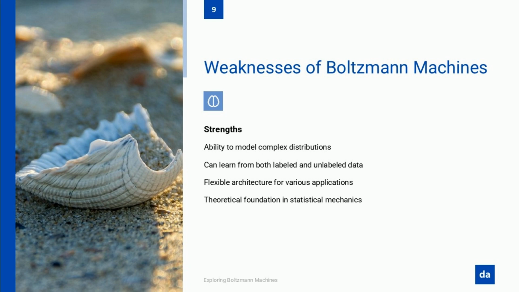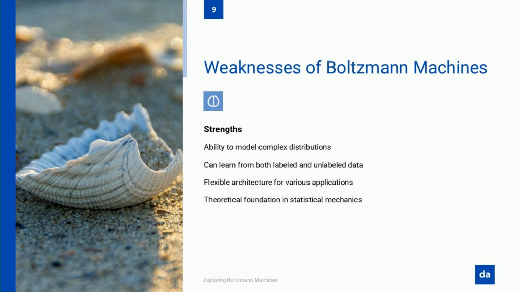To make matters worse, their reliance on stochastic updates means that training results can vary significantly from one run to another, leading to inconsistent performance. A third major limitation is lack of interpretability. In many machine learning models, we can trace back decisions to specific features or understand why a model made a particular prediction.